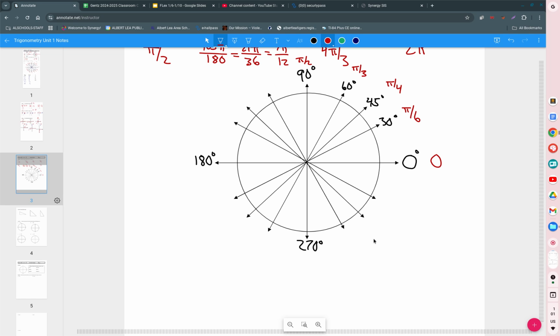Again, that all comes from 180, which is pi. And remember, 270 is 3 of the 90s, so it will be 3 pi over 2. Okay? And then all the way around is 360 degrees, also known as 2 pi.